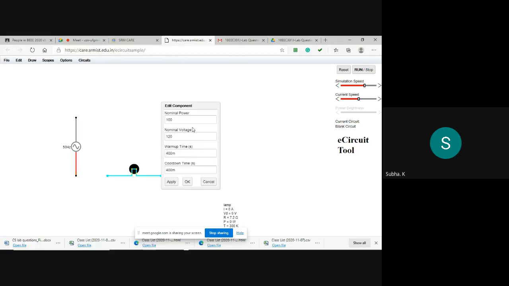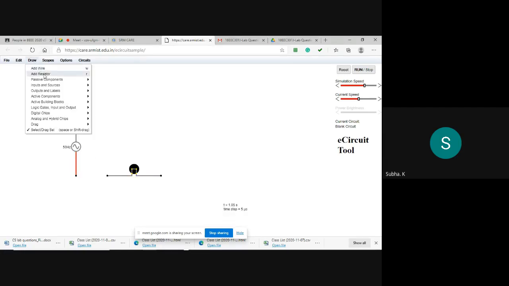There is given 100 power, nominal voltage 120, cool down time 400. I'll give it default. Then I want switch. Okay, so I will add two-way switch.